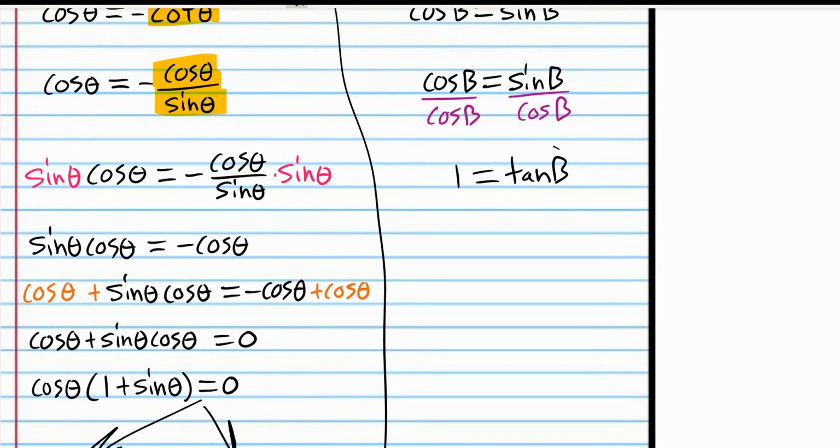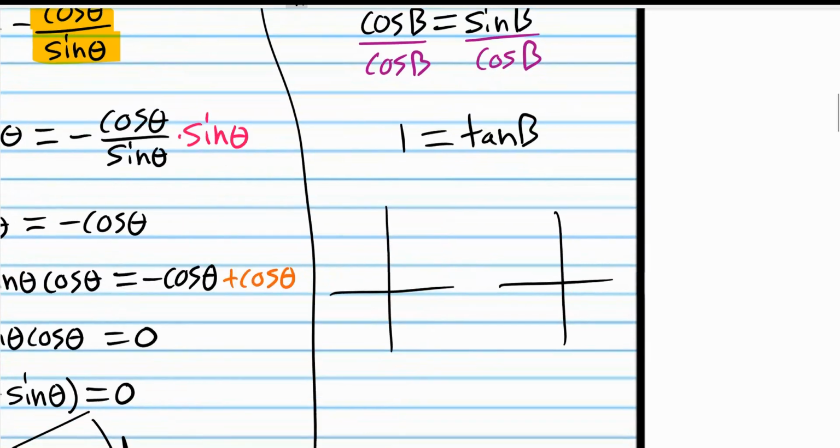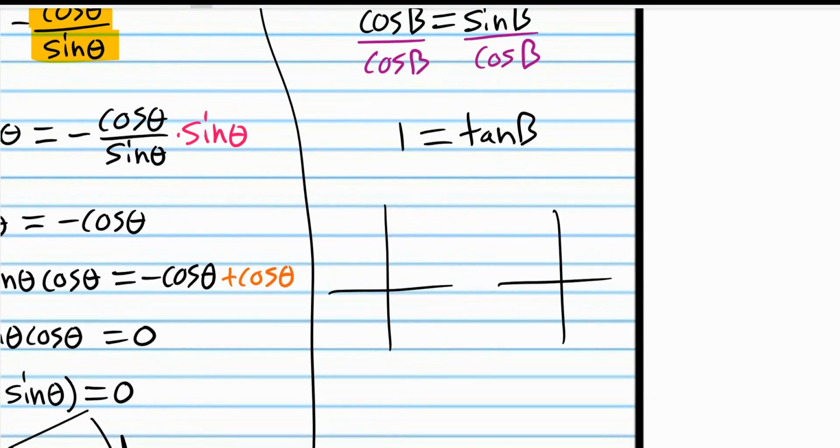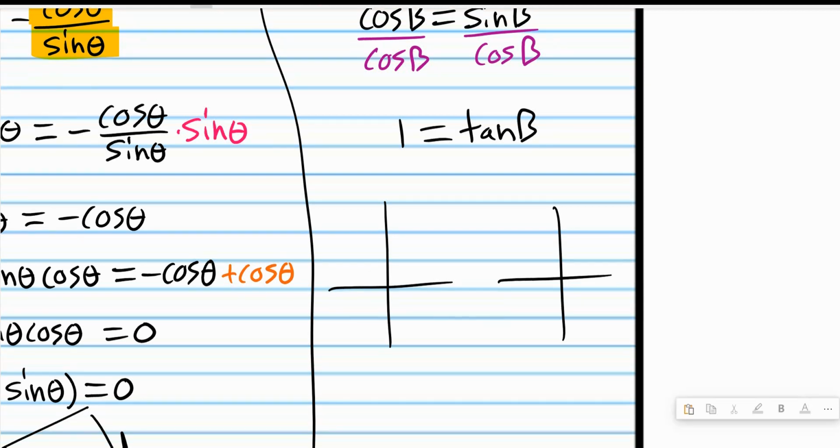So now we recognize this as x over x. That's a special triangle, so we can find the solutions without a calculator. And the reference angle is 45, because this is a 45, 45, 90 triangle.